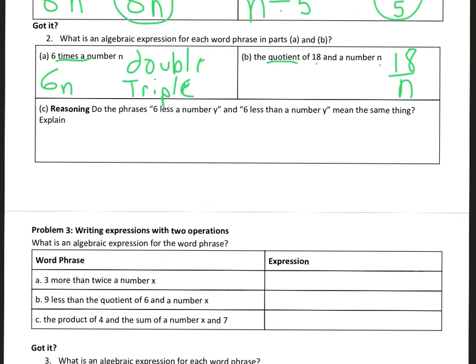But like before when we read it, 6 less a number y means 6 subtract a number y. 6 less than a number y, the way I would write that is actually y minus 6. If I have $12 and you have 6 less than my $12, I would do 12 minus 6. So with less than, you got to be careful. You got to be careful with how you read it, okay? So these do mean two different things.